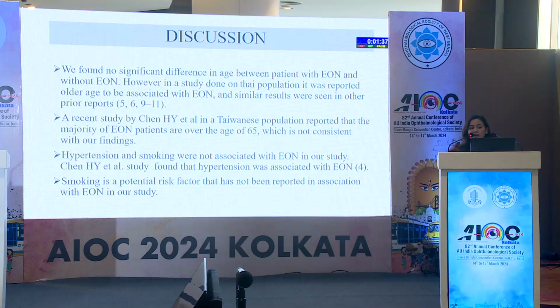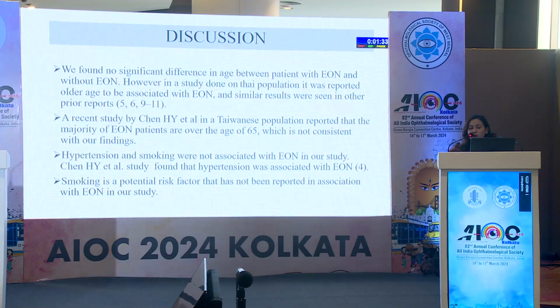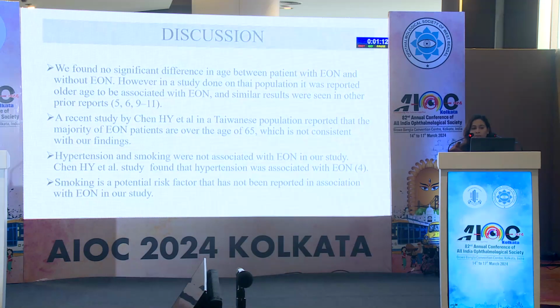There was no significant difference in the age group, in contrast to previous studies which suggest that age is highly correlated with ethambutol-induced optic neuropathy. We also did not find any correlation with hypertension and smoking, which were considered risk factors in previous studies.